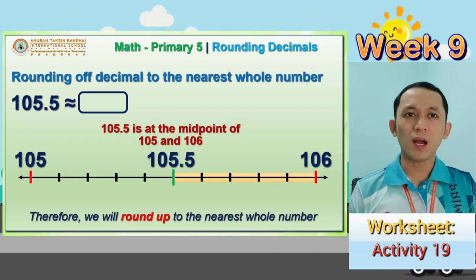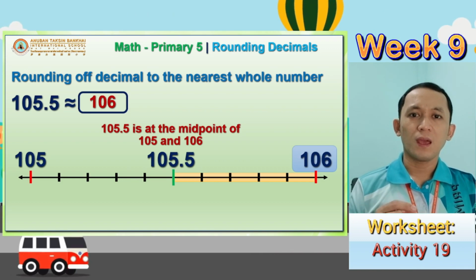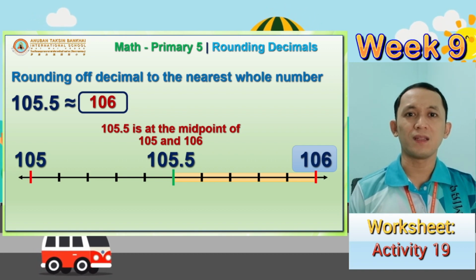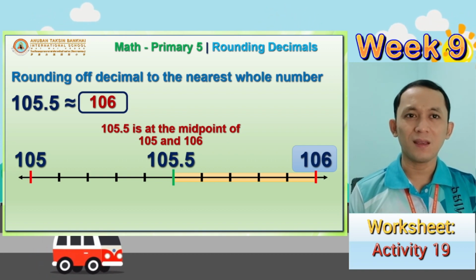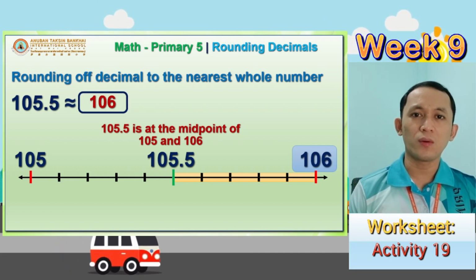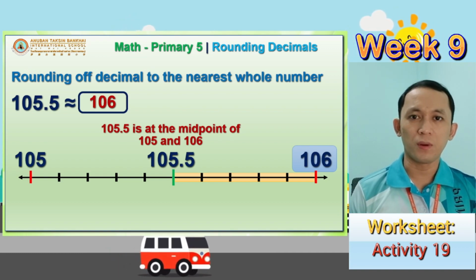Therefore, 105.5 is approximately equal to 106. Very easy. That is how you round off decimals using a number line.